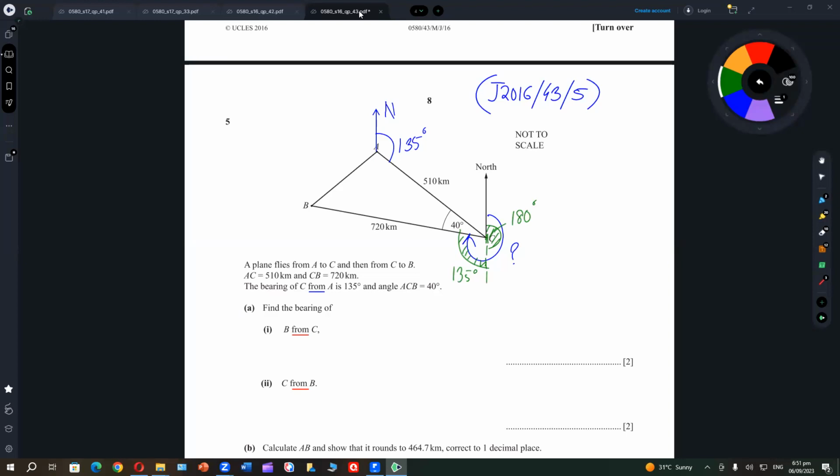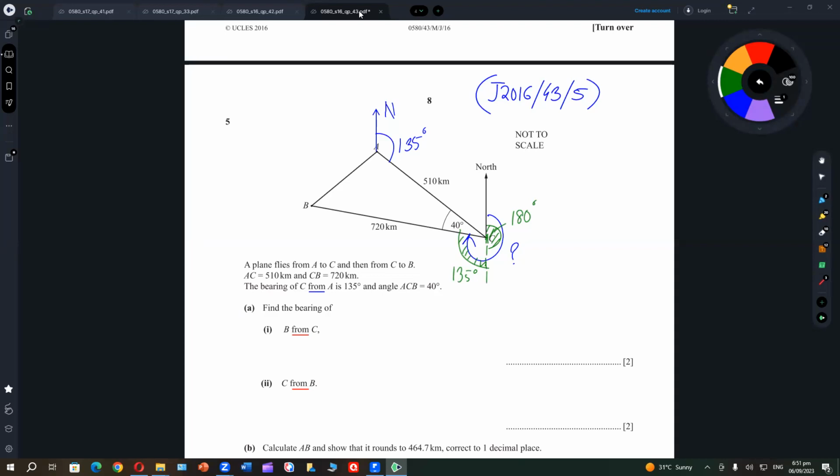So can you tell me how I can find the question mark? Yes, you can. Since all of this would equal 360, you would do 180 plus 135 plus 40 plus x equals 360. 40 is not part of it.